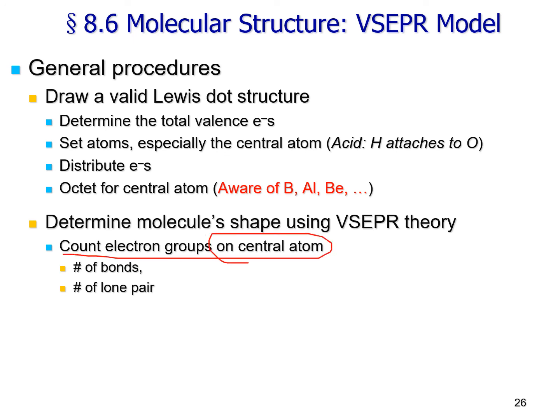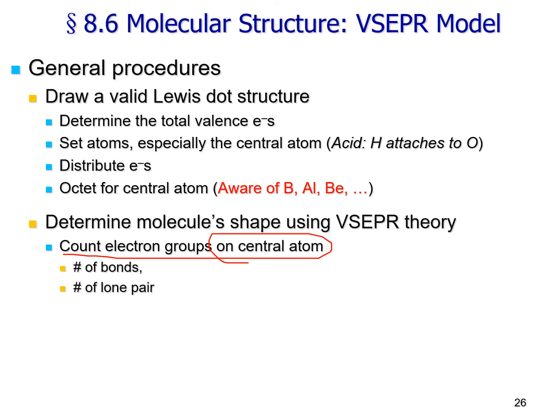For VSEPR, we're going to count electron groups. We count the number of bonds and the number of lone pairs. For the regular exam or homework assignment, we do not see radicals, so we can pretty much take that out. So we just count the number of bonds and lone pairs. Remember, it doesn't matter whether it's a double bond, triple bond, or single bond.